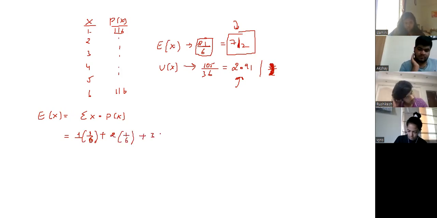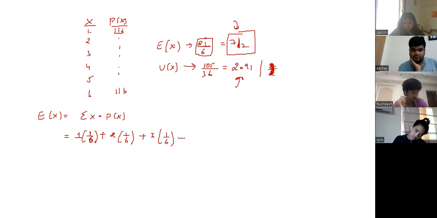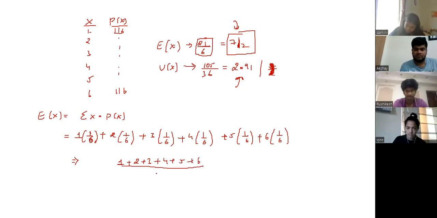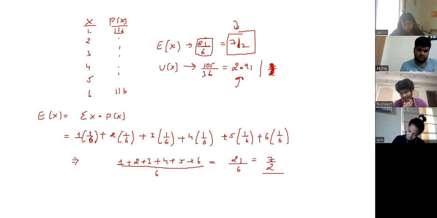When x is taking 3, 4, 5 and 6, the probability is also 1 by 6 each. So basically, we can write this as 1 plus 2 plus 3 plus 4 plus 5 plus 6, and whole divided by 6. If you add all these, what is your answer? 21 by 6, which is nothing but 7 by 2.